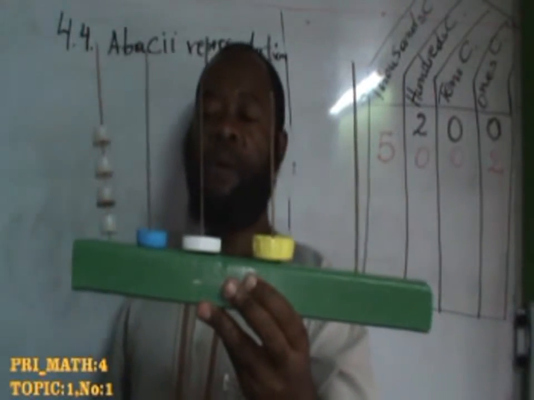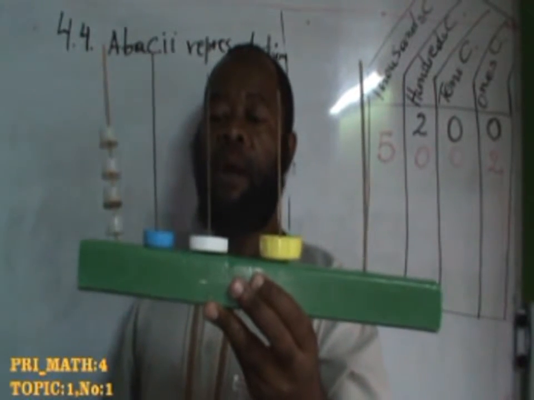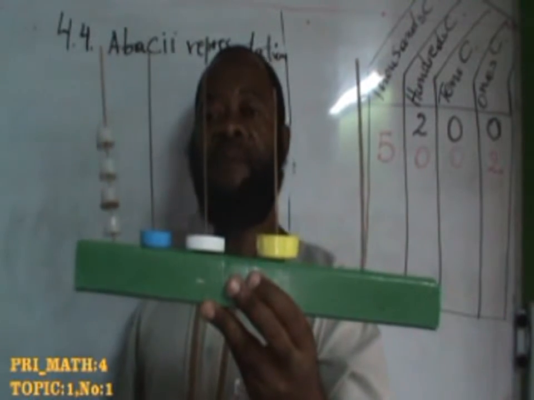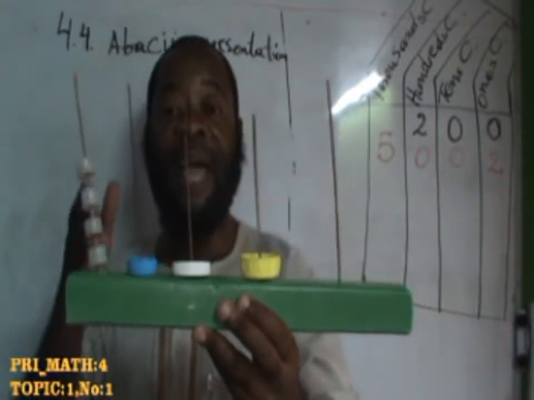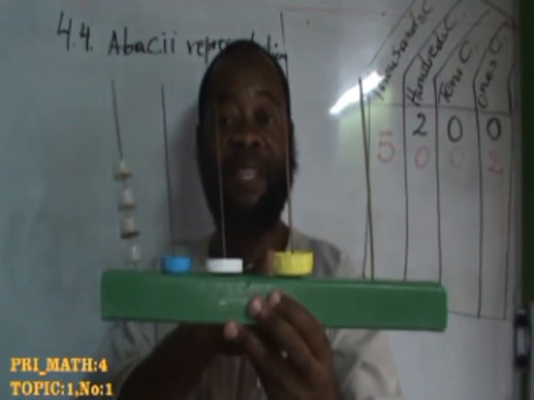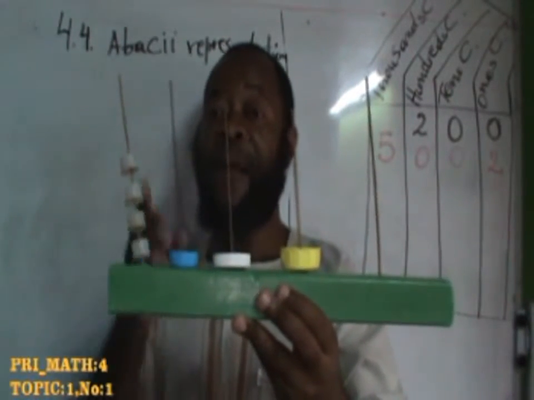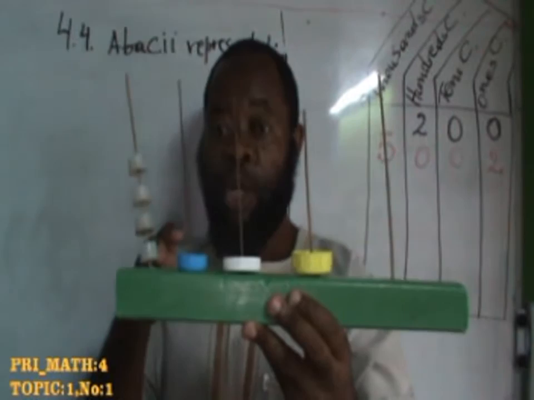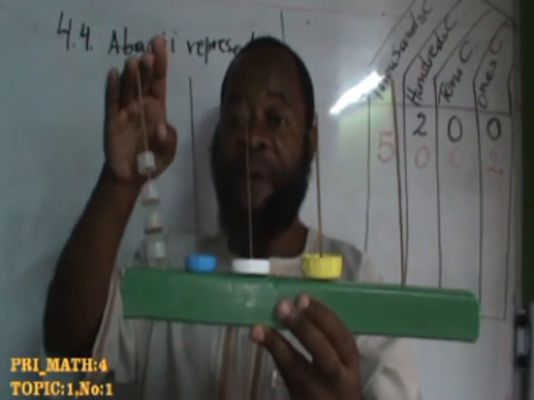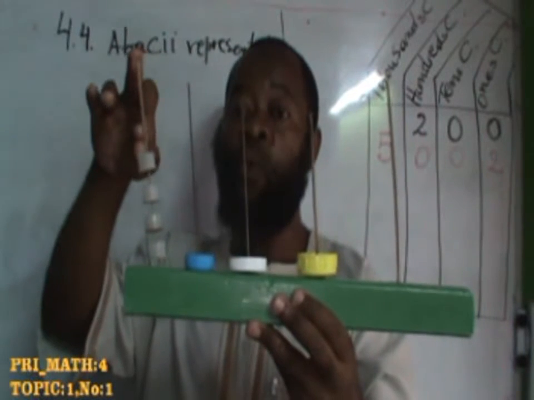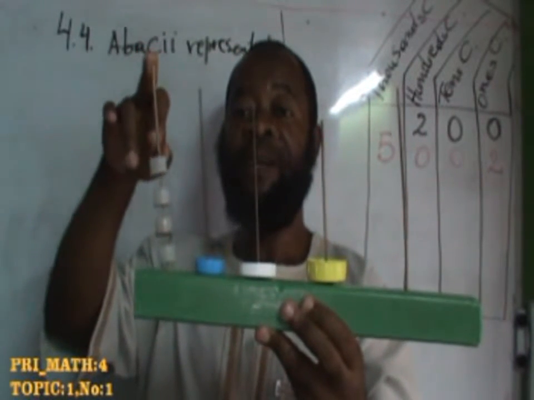Going from my right to the left, we know that on the first position we have ones column.